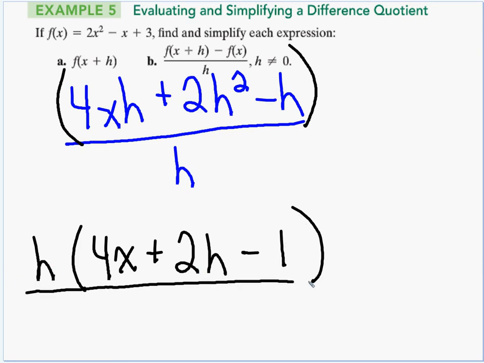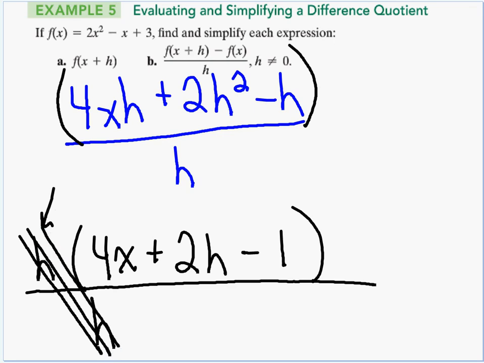And this is all divided by h. Now that I've factored this h out and we have one in the denominator, it's easier to see this cancellation that's going to occur. So what we're left with is 4x plus 2h minus 1.